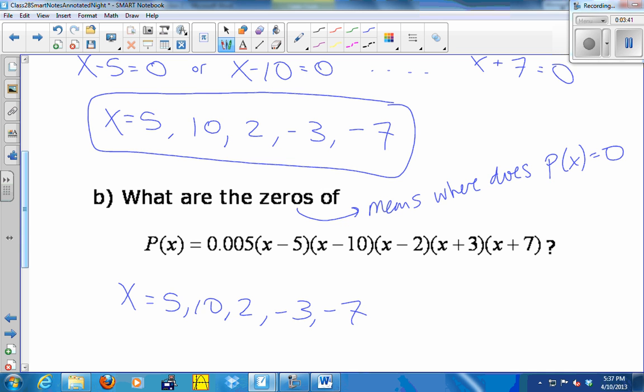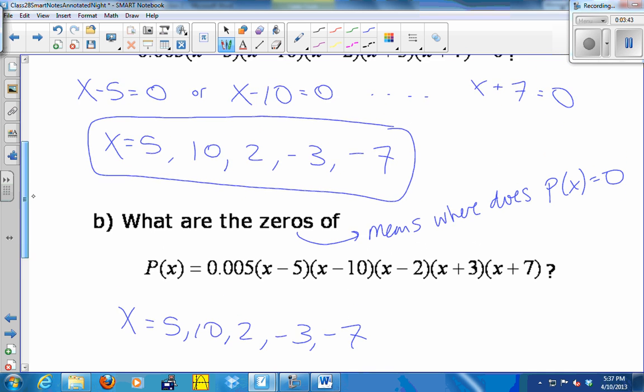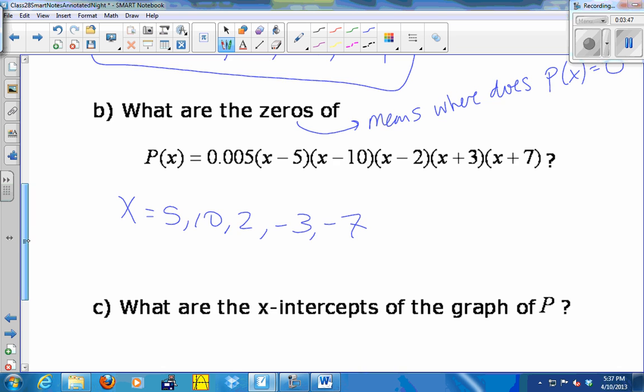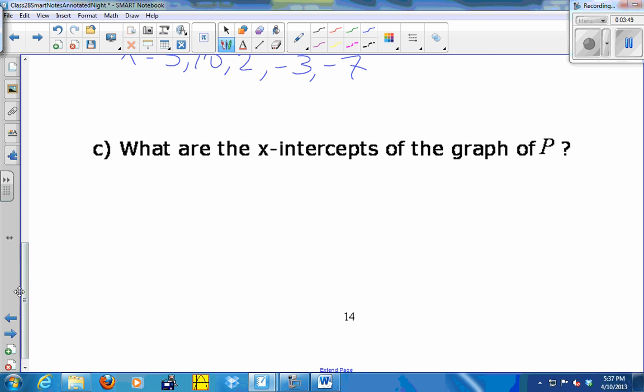Finding the x-intercepts. Yep. So setting the equation equal to 0, finding the zeros of the polynomial, and finding the x-intercepts of the polynomial are all the same question. Okay, so I can ask that same question 3 different ways now.